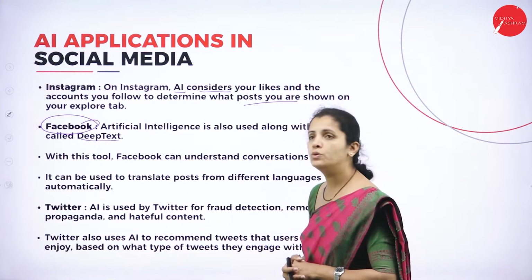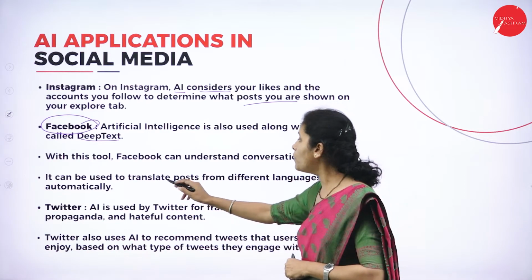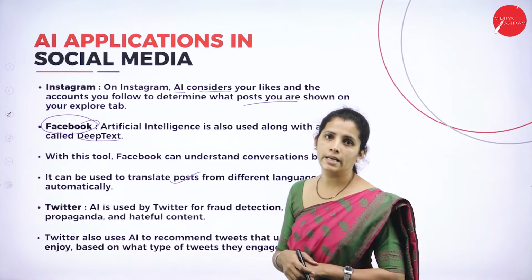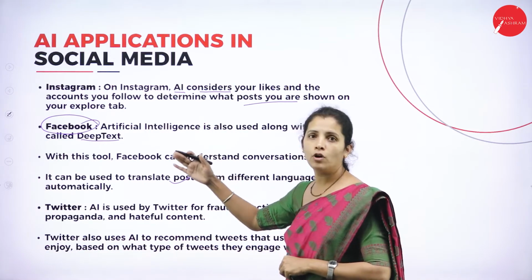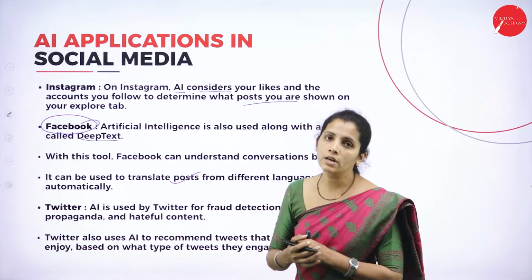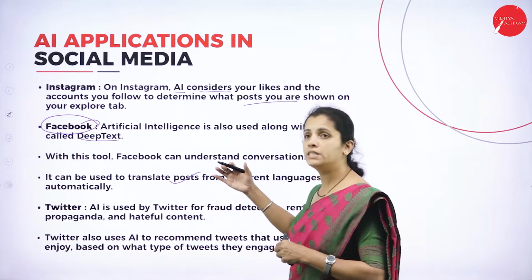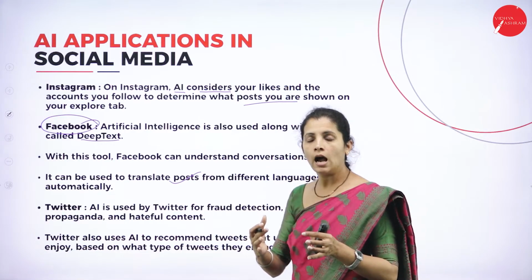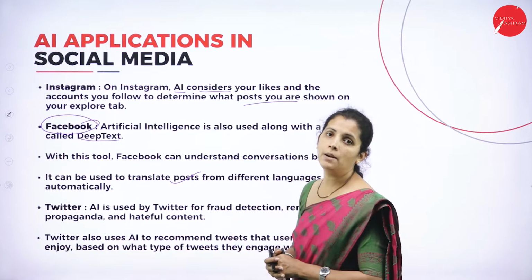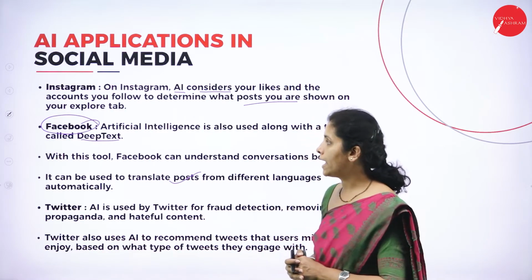And it's also used to translate posts from different languages automatically. So if I want to translate a conversation or a post which is in one language into English or some other language, it can be done by using AI.